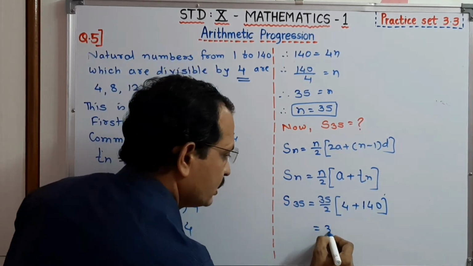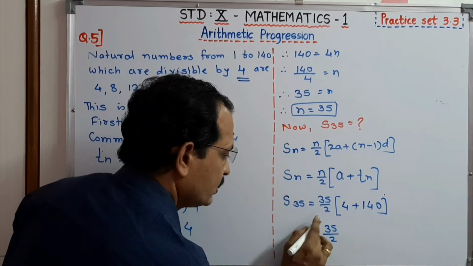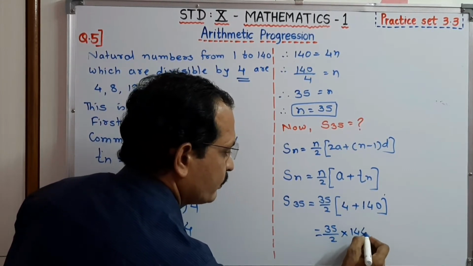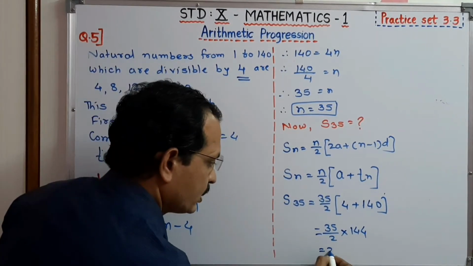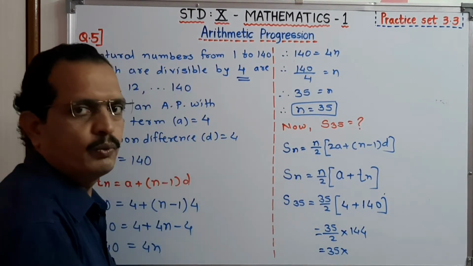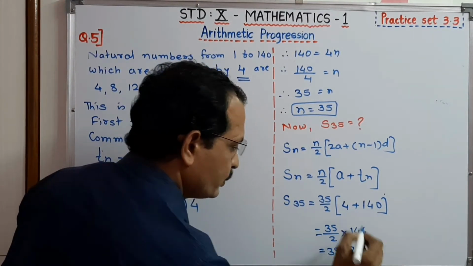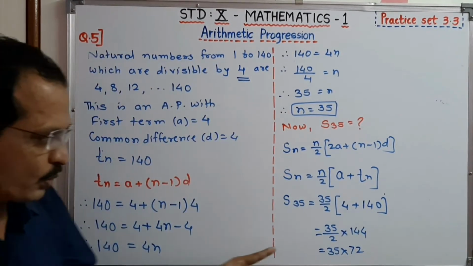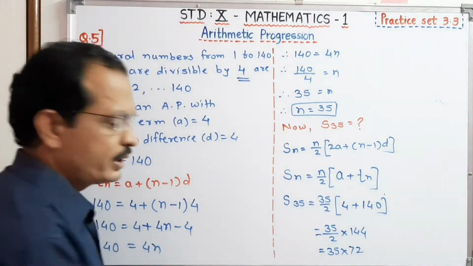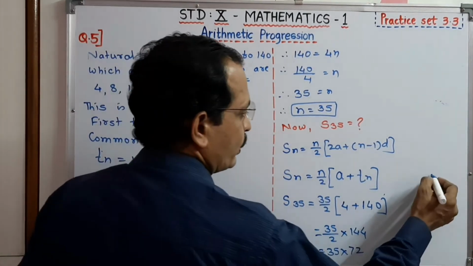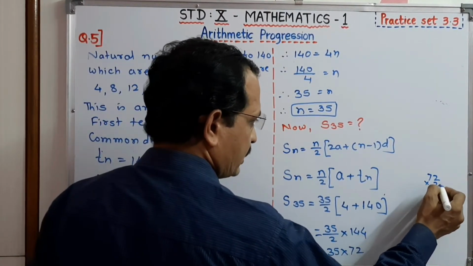Now see here, 35 upon 2 into 144. Now here 35 into 140, we have to divide this, 2 7s are 14 and 2 4s are 8. Therefore S35 is equal to, we have to multiply this 72 with 35.